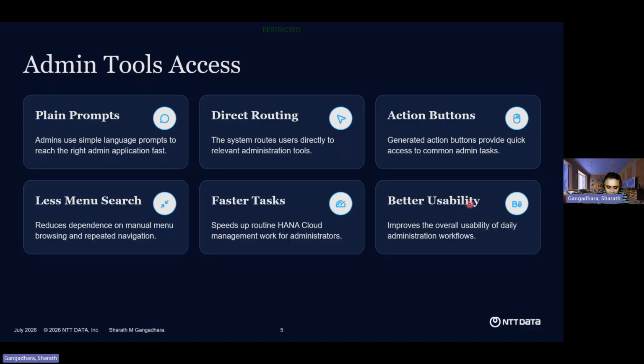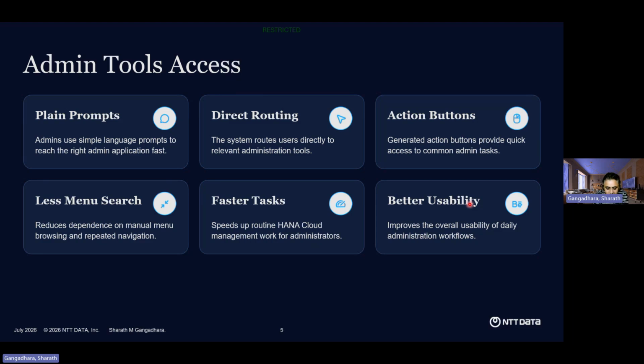So we don't need to remember the breadcrumbs or the paths to a particular application. You just need to know the name of the application or what the application does. And that should be enough. And you will be able to access that particular app, act on it.